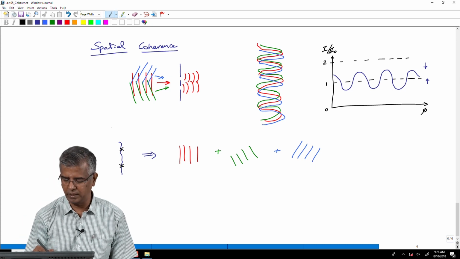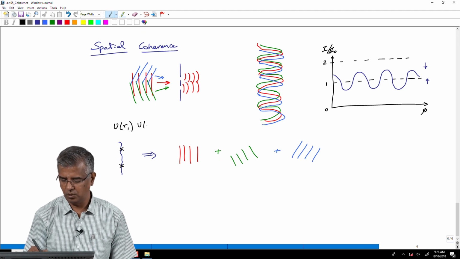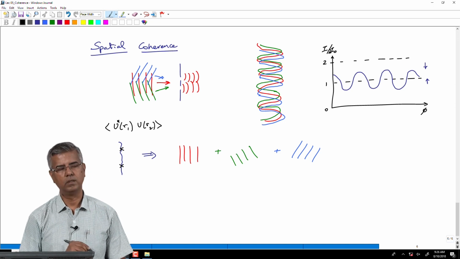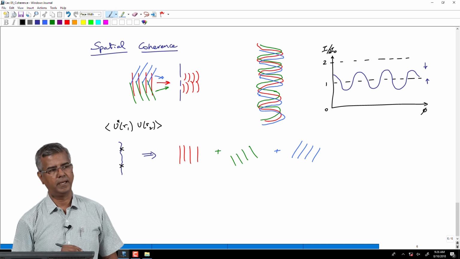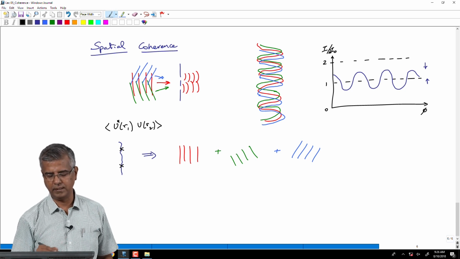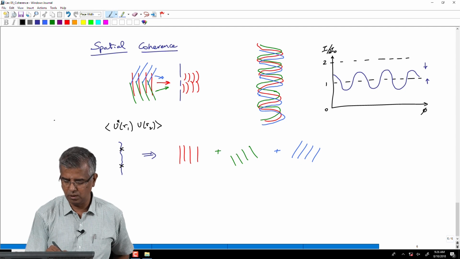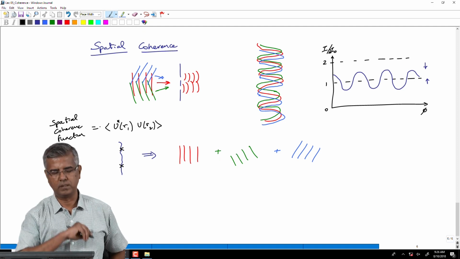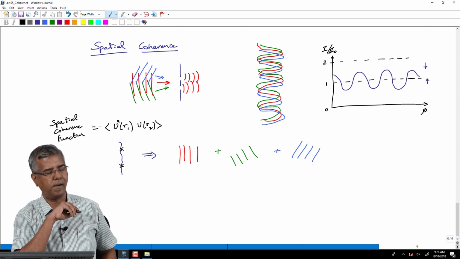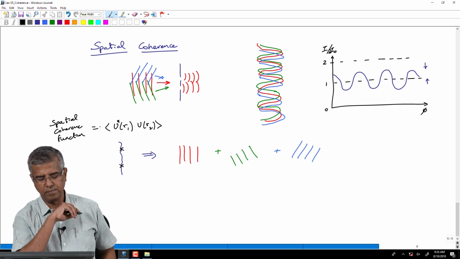So you are looking at u of r1, u of r2, the correlation between those two, and that is actually the spatial coherence function, which is defined by this.